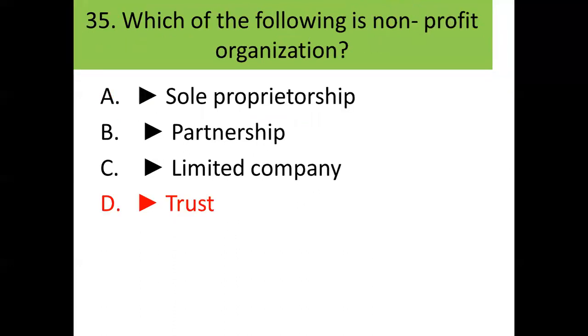Which of the following is a non-profit organization? A non-profit organization is a trust. As the definition says, a non-profit organization is an organization which is established not with profit-oriented objectives, while a sole proprietorship is business oriented, a partnership is business oriented, and a limited company is business oriented.